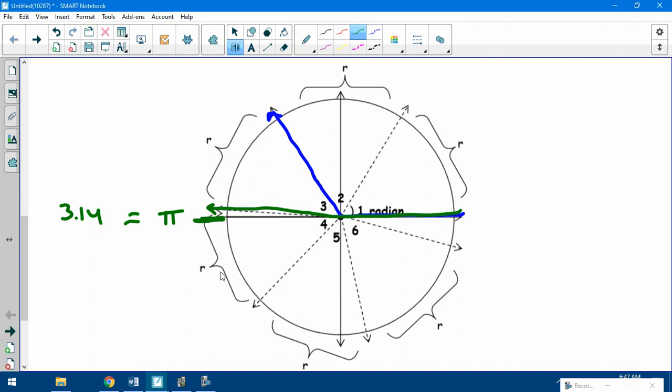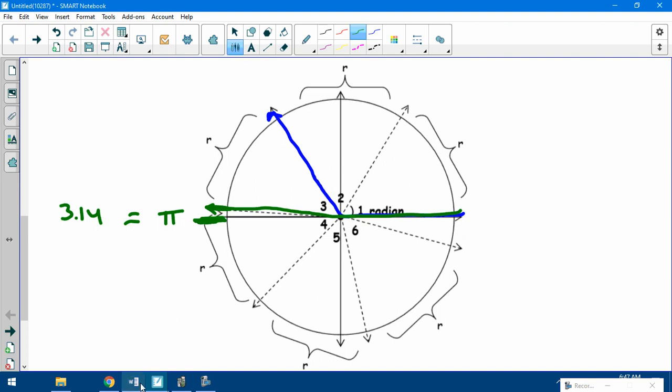So I just wanted to remind you that the definition of a radian is the angle needed so that the length of the intercepted arc equals the length of the radius of the circle. And that's why when I have a question like convert 3 radians to degrees, well again, right here, this green is 3 radians. So it's going to be a little less than 180.